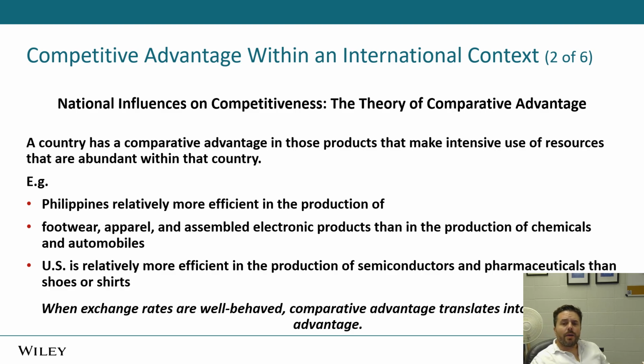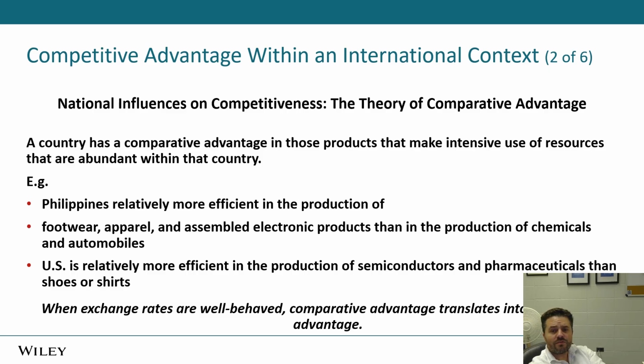The theory of comparative advantage. I'll post a video about this. It's not essential for strategy, really. It's an economics concept that explains why international trade is beneficial, and it's sort of the fundamental argument from Adam Smith's Wealth of Nations.